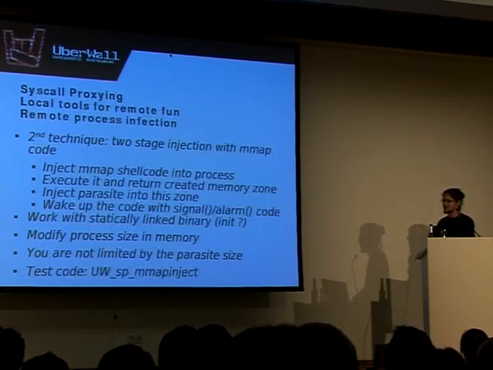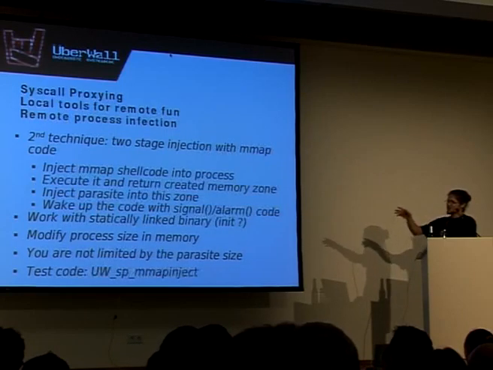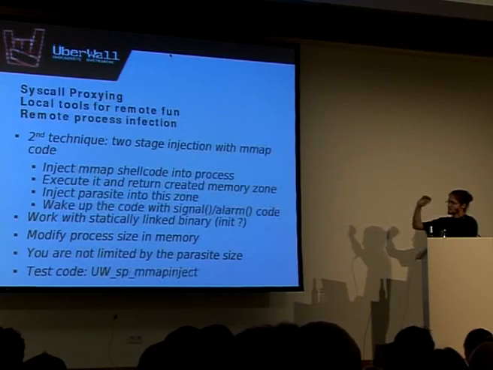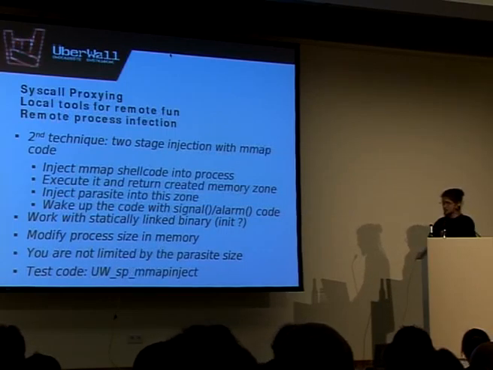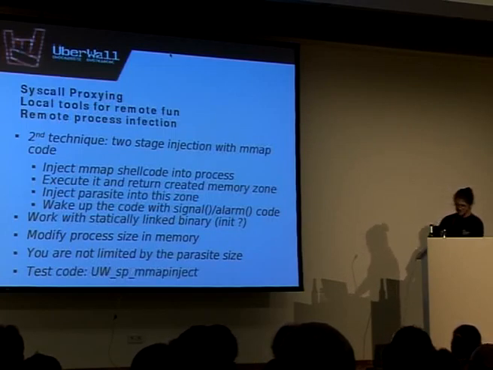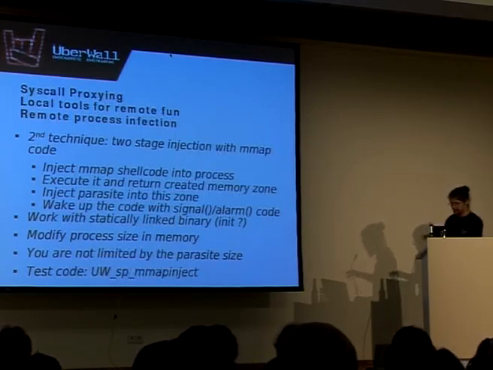It was working well, so yeah, you can inject even big code. So the public code was mmap inject. That's also available on yourworld.org. The code is really working well, so just try it and give me feedback if you find something strange.